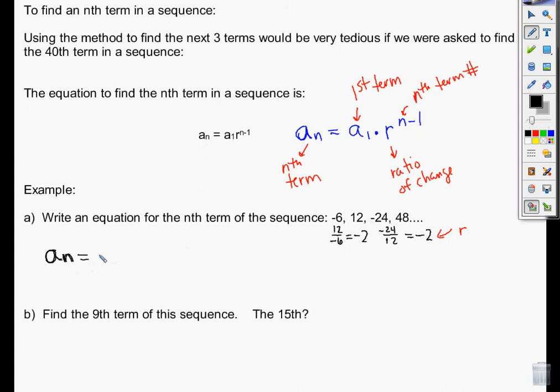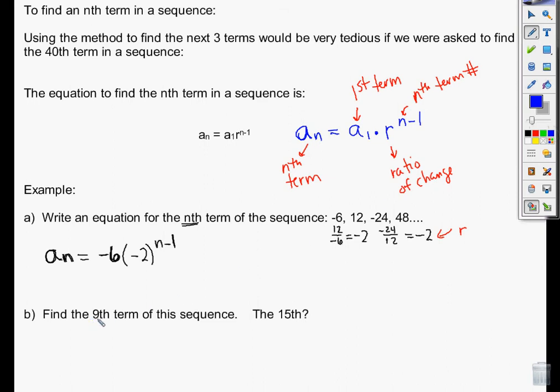Okay, so a to the n is the number we're looking for. A to the 1, that's the first number in the sequence, so that's -6. R is -2, and then we have n minus 1. So this is just for the nth term, so that's why we're leaving the n in there.